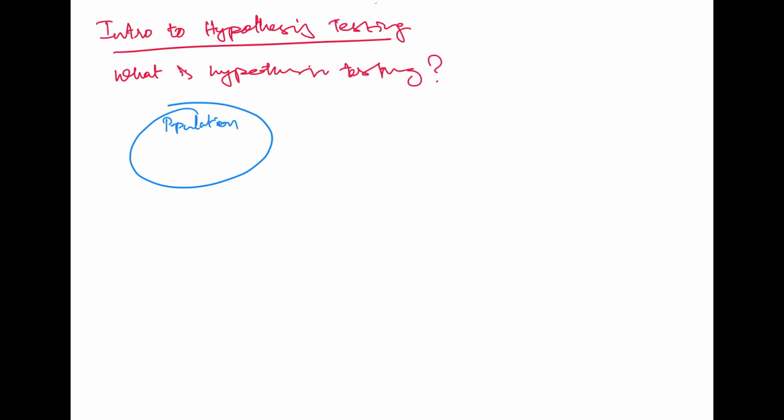Let's say we have an assumption that all the individuals in the population above an age, let's say, of 60 are diabetic. This is an assumption about the population, right?